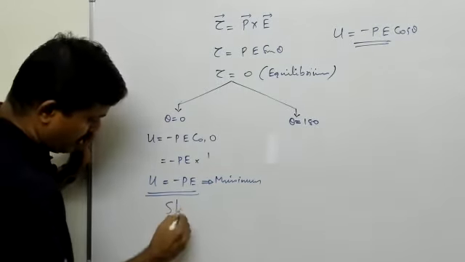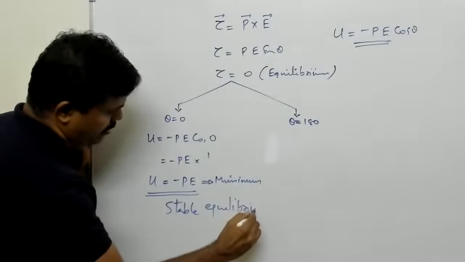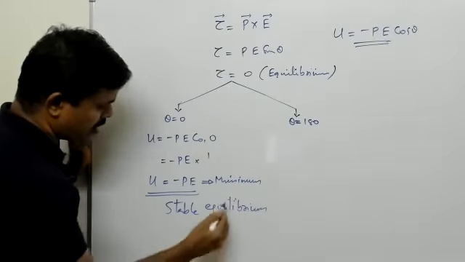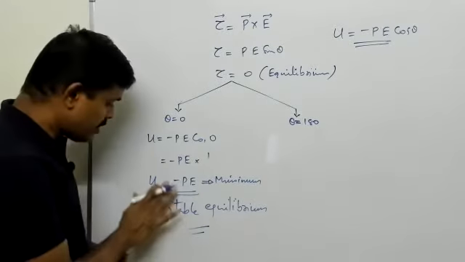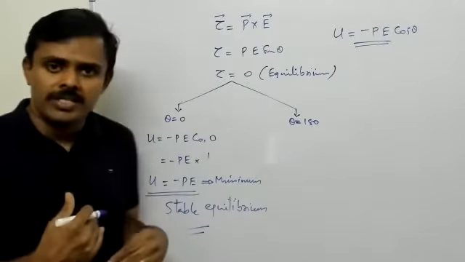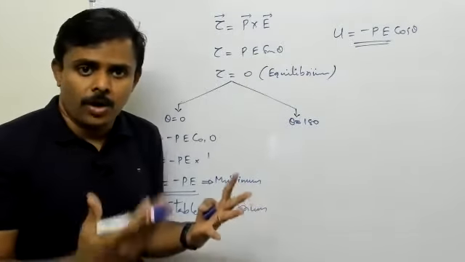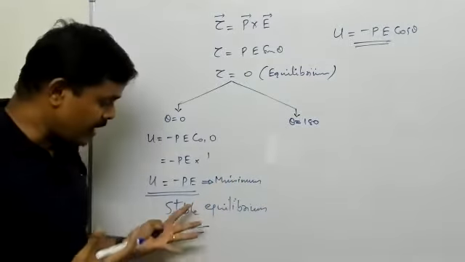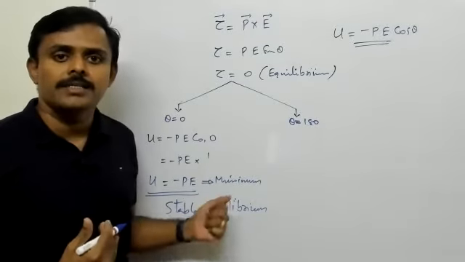And this condition is called stable equilibrium position. Why do we call it stable equilibrium position? Because energy is minimum. Nature loves minimum energy. That is why objects try to attain stability, stable equilibrium. So, stable equilibrium happens when energy is minimum.